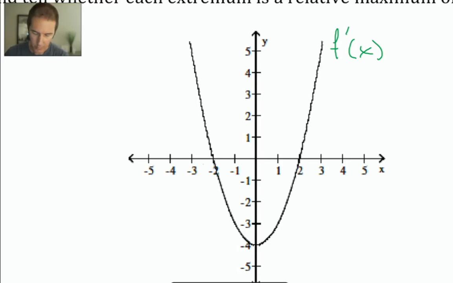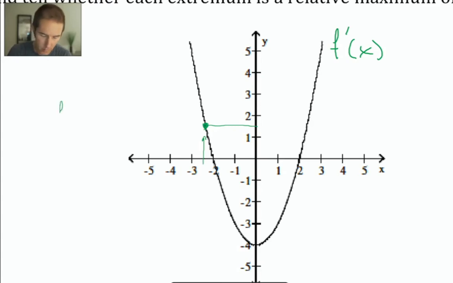So see what you think, and now let's talk about it. At negative 2.5, I'm looking up here at this point, maybe right here. That point has a y value, so to speak, of approximately 1.5. That number 1.5 is the slope of the tangent line to the graph f of x at the point where x equals negative 2.5.